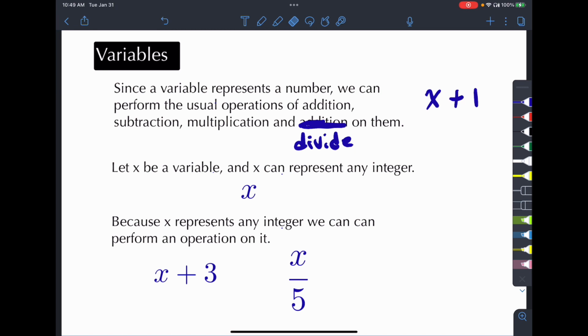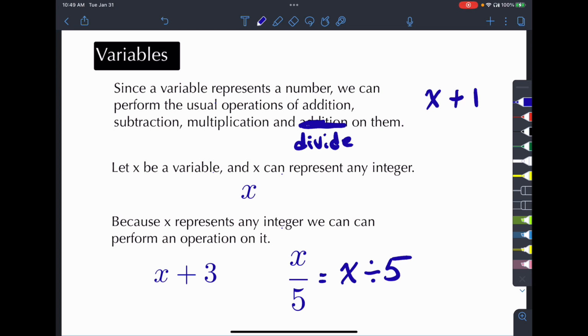Here's a couple of examples. We have x plus 3. Here we have x divided by 5. If you don't remember some of our notation that we've been going over, we can write this in the following way: x divided by 5.